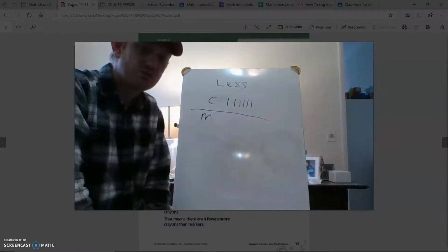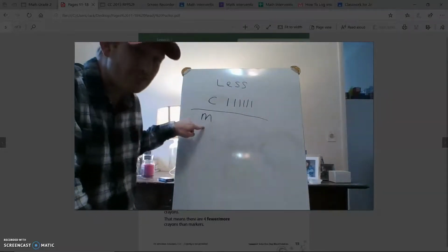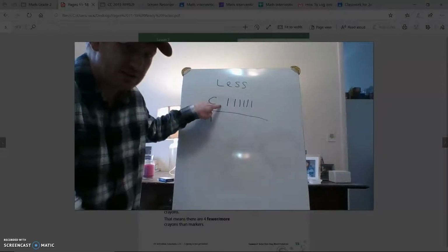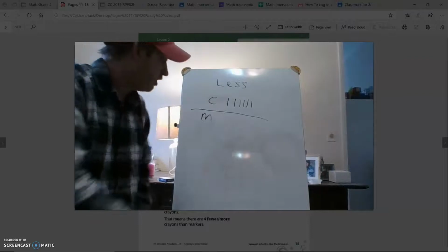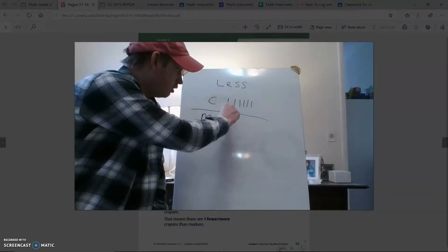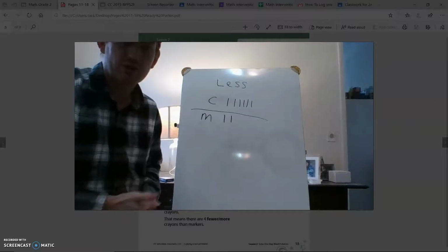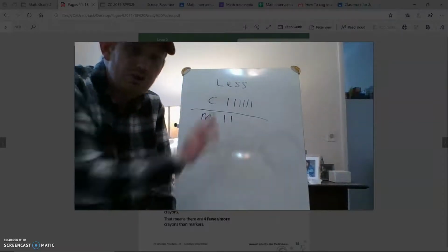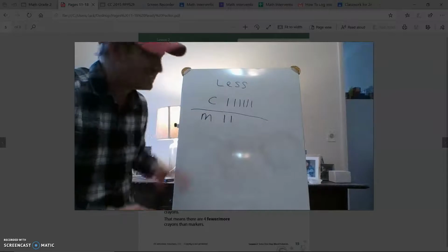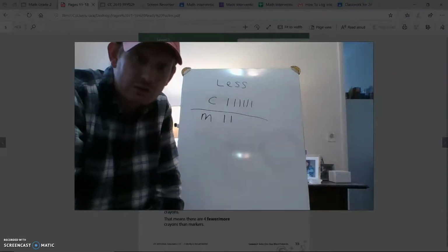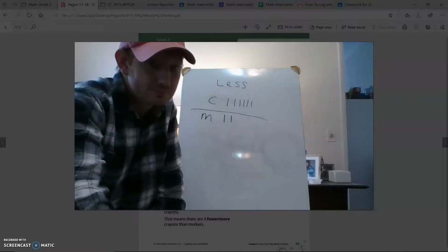So another way to say this would be, I have 4 less markers. Well, if I have 6 crayons, that means I only have 2 markers. So we just made up a little problem so that we can see what the question is asking us. Now we should be able to answer the questions very easily.